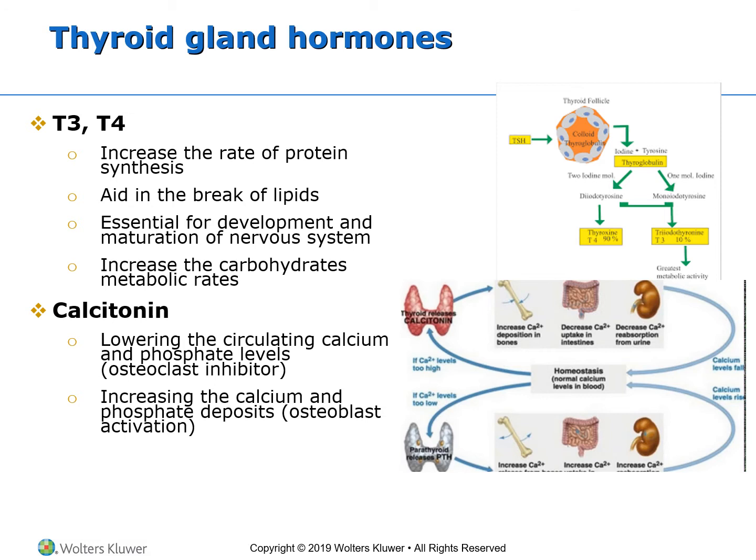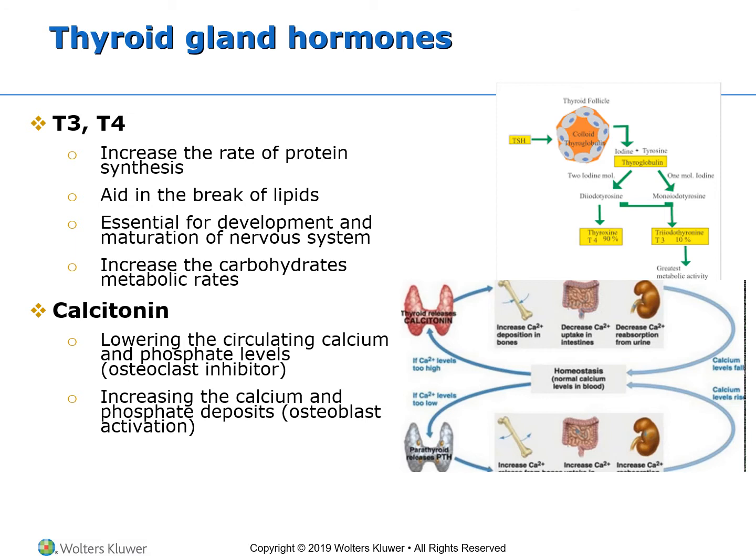Now, if you look into these pictures, because we're going to move soon into discussing the parathyroid gland, in the lower image on your right side, you can see the metabolism of calcium. You can see how calcitonin is promoting the deposits of calcium inside the bones and is decreasing the elimination of calcium at the level of the kidneys in urine.